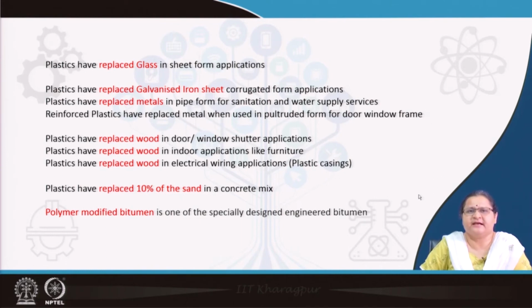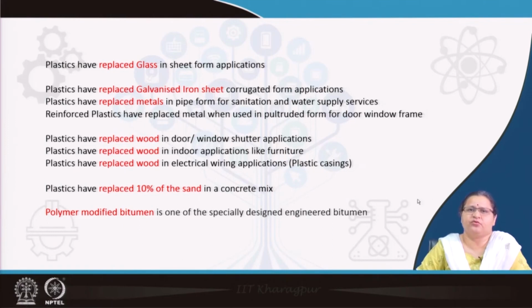Plastics have replaced glass in sheet form, the acrylic. Plastics have replaced galvanized iron sheet, again corrugated acrylic sheet or polycarbonate sheet. Replaced metals in pipes for sanitation, water supply, etc. Reinforced plastic replaced metals when used in pultruded form in door window frames.